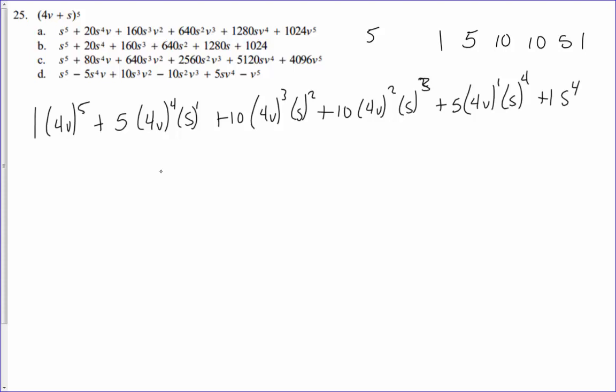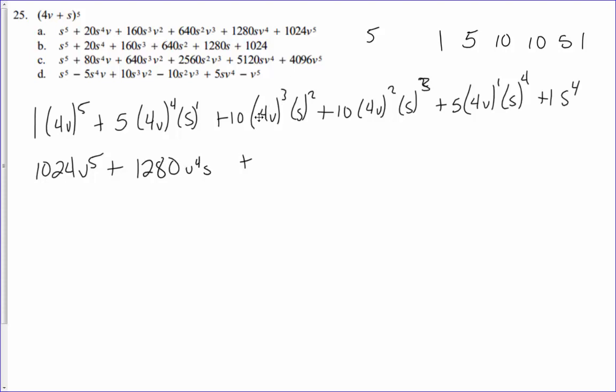Alright, so now we have to go through and actually do all the math with the exponents and then multiply the coefficients together. So here we need to do 4 to the 5th power times 1, or just 4 to the 5th power, which is 1024 v to the 5th. And then plus, here we have 4 to the 4th power, which is 256, and then we need to multiply that by 5, which is 1280, v to the 4th s.